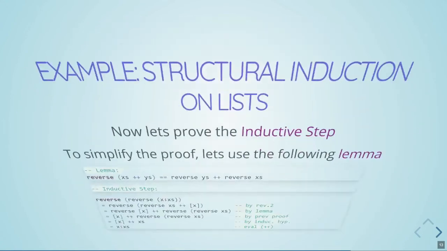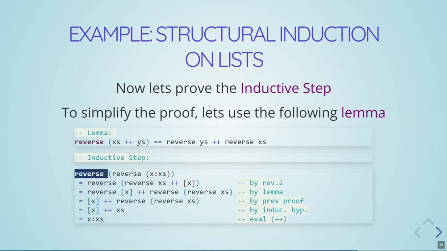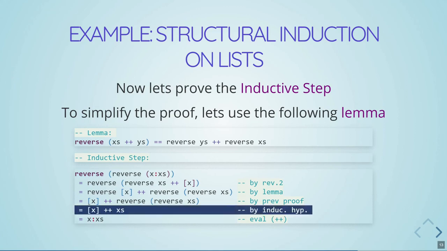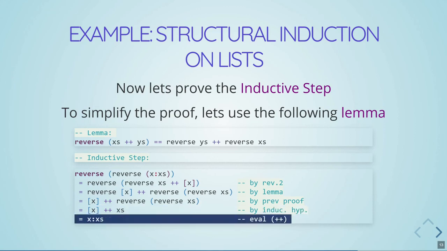So we're proving that the reverse of x colon x's is true, assuming that the reverse of x's already works. So we're able to take the reverse of the reverse of x's and turn that just into x's using the induction hypothesis. And then at this point, we just need to evaluate plus plus, knowing how plus plus works. And we end up at our correct answer of x colon x's here.